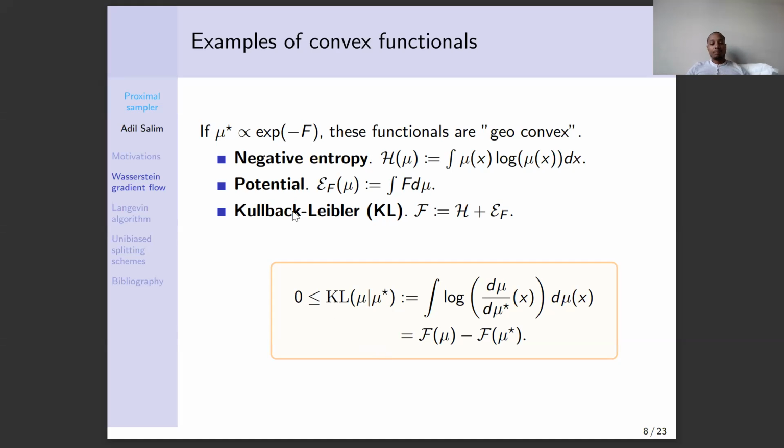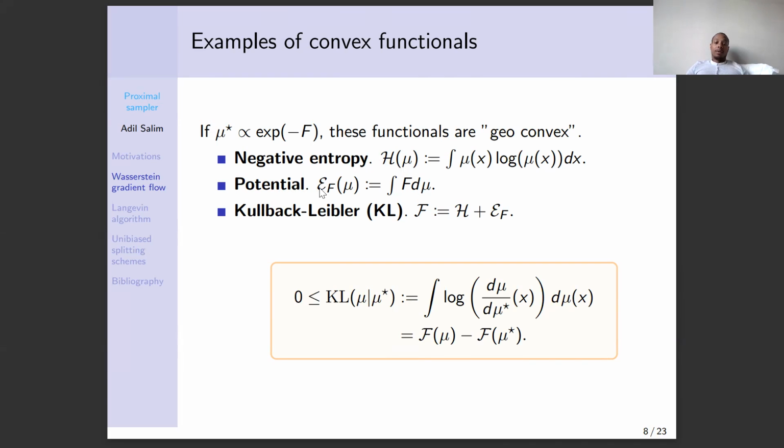So for instance, the entropy. The entropy will be denoted by H in this talk, and the entropy of a measure mu is just the integral of mu(x) log mu(x) dx, where mu(x) denotes the density of mu. If mu doesn't have a density, then the negative entropy is equal to plus infinity. That functional is geodesically convex.